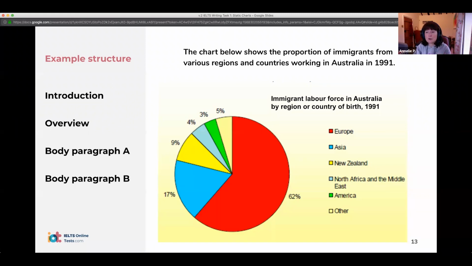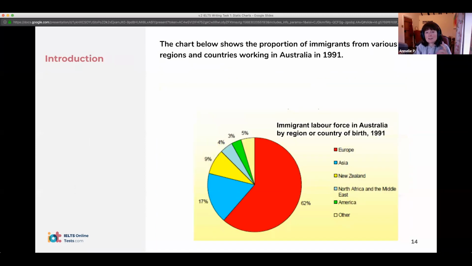Introduction and overview tend to be very short, 1 or 2 sentences, whereas the body paragraphs, that's where most of your 150 words are, okay? So let's go through those different parts one by one and see what we need to do, okay?